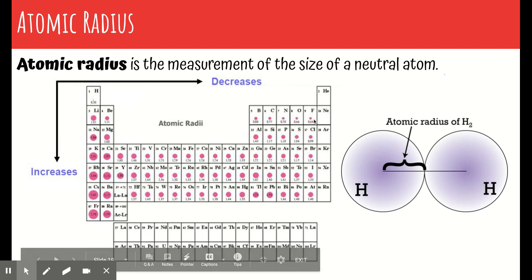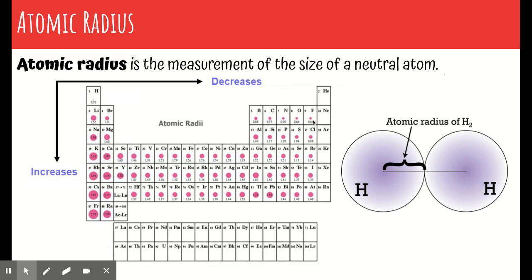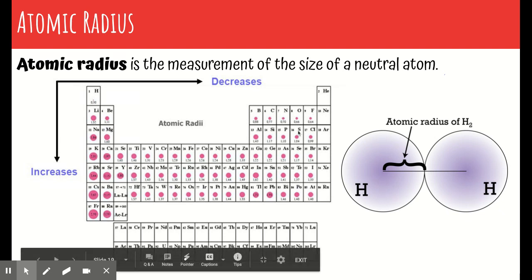These, like we talked about a minute ago with the halogens, the fluorine has 7 valence shell electrons. It's not going to give them up. It wants to gain one. So it's going to be very attracted to its electrons. It does not want to lose them. So that's kind of what this atomic radius is showing. So if it has a very large atomic radius, those electrons are not very strongly attracted to the nucleus.